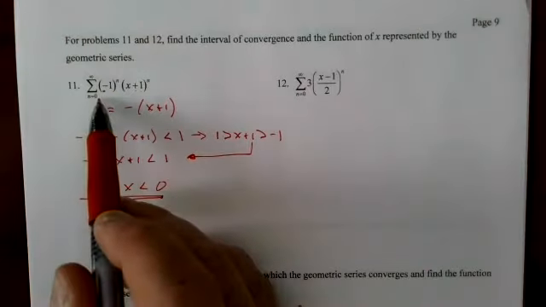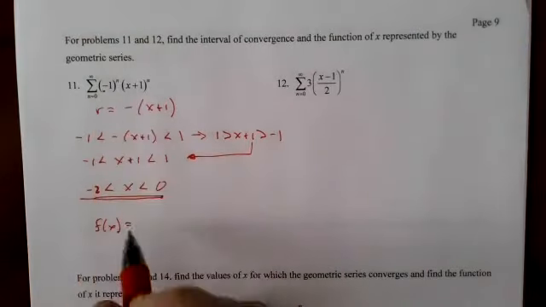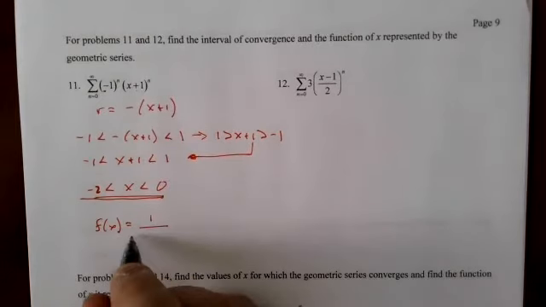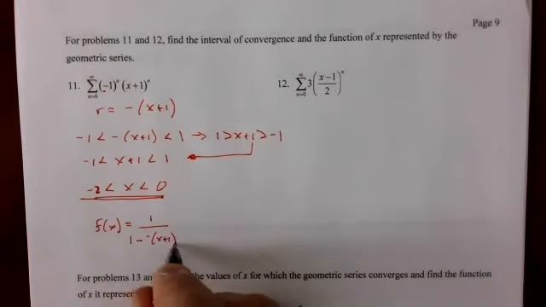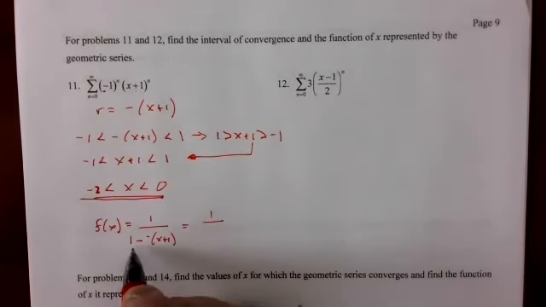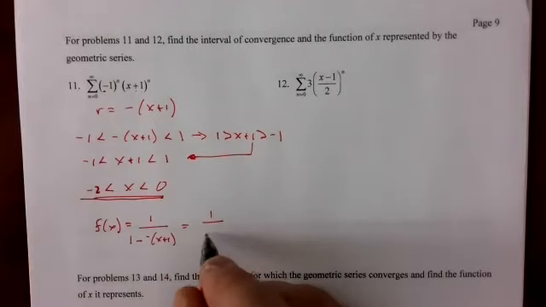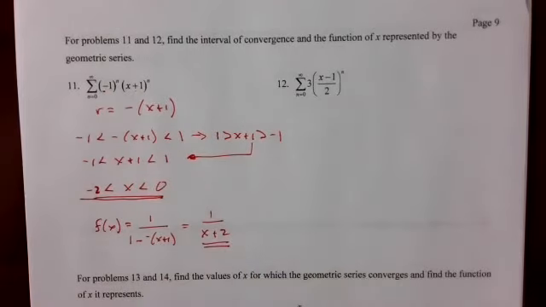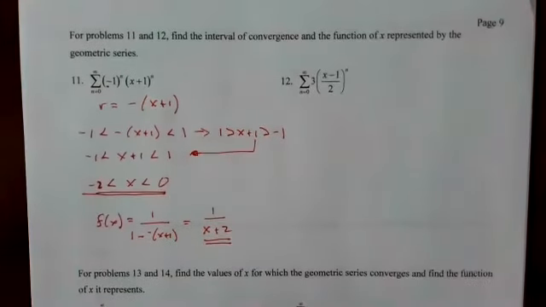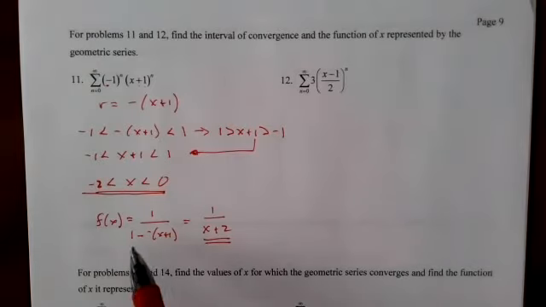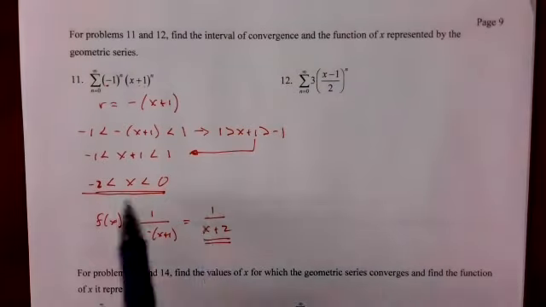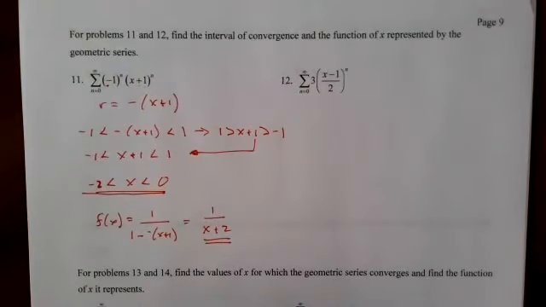We plug in 0, 1 over 1 minus negative x plus 1. 1 over 1 plus, so it's x plus 2. Haven't really shown you this yet, so that freaks a lot of people out, but that's how we do the problem. Hey, what's the function? Well, we'll just turn it into a function using the concept of sum of a series.